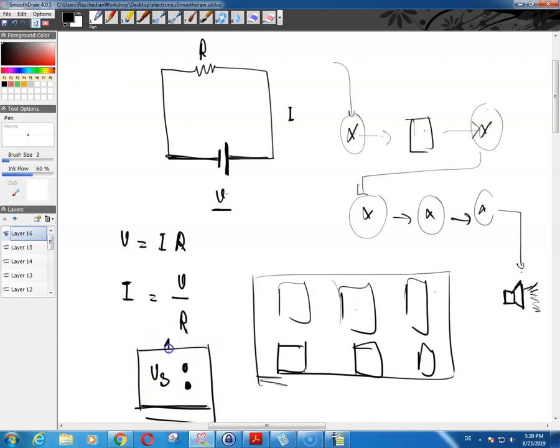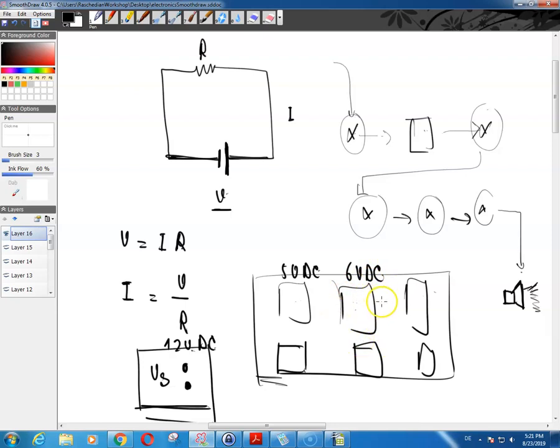Let's say that your V of S over here is 12 volts DC. If you want to bring it down to, for example, 5 volts DC for this part, you can use some circuit called a voltage regulator to do that. Or suppose that you need, for example, 6 volts DC for this part. Again, you connect this circuit to this part and create 6 volts DC for this part of the circuit.